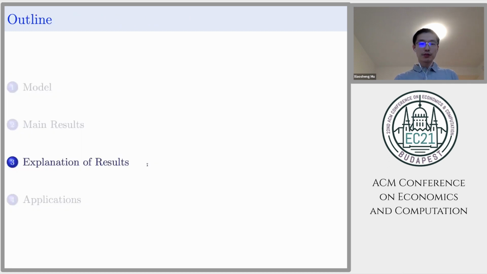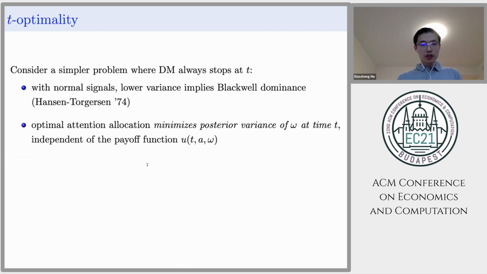Let me spend a couple minutes just explaining why the result is true. For this, we're going to consider a simpler problem where the decision maker always stops at a certain fixed time t. For this problem, because we have normal signals, it is a classic result that normal signals can be ranked in the Blackwell order based on the posterior variances that they induce.